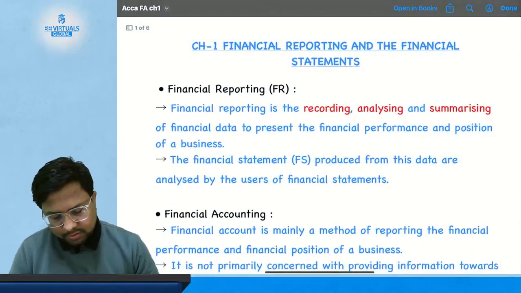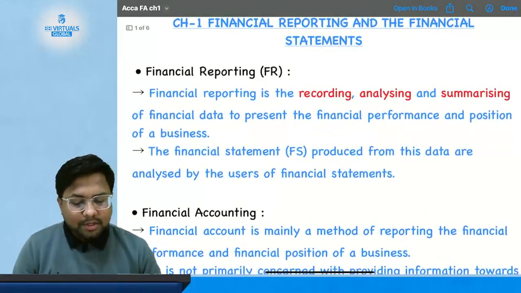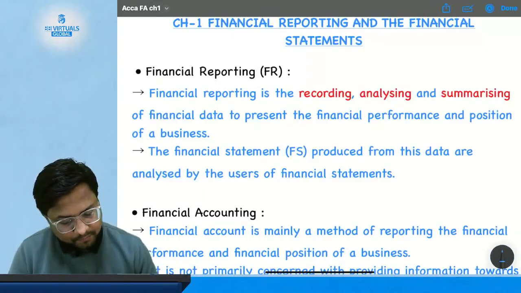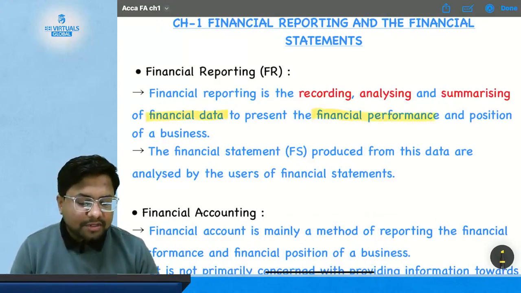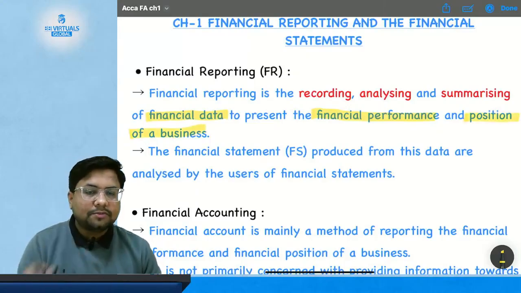Okay. So financial reporting is the recording, analyzing and summarizing of financial data to present the financial position and financial performance of a business. So what is financial reporting?